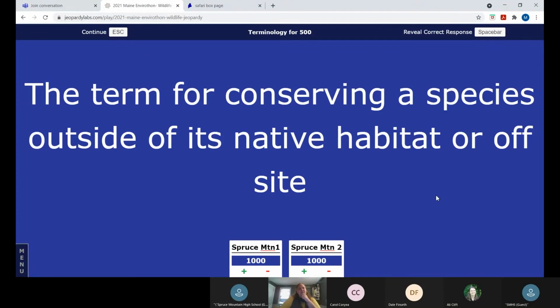So you're taking a species that needs help, but in order to save it, you gotta get it outside of its native habitat. What is that term? I don't think flying goats with helicopters. No, that wasn't the answer. I was just trying to think of an example. I'll give you another hint. It's Latin.